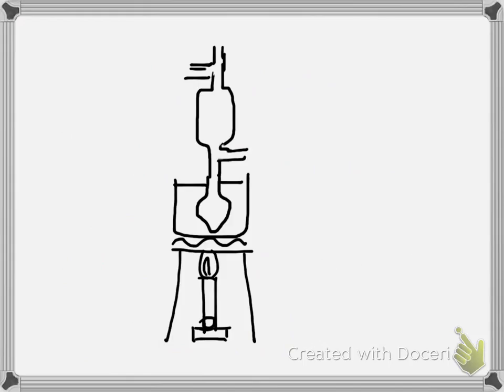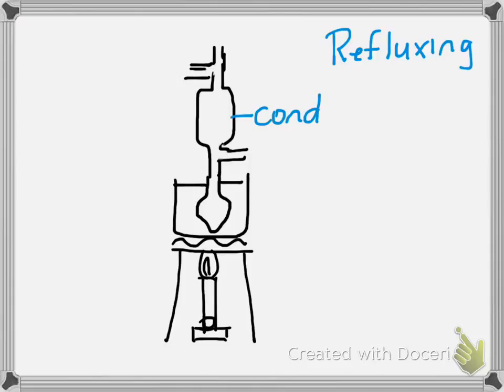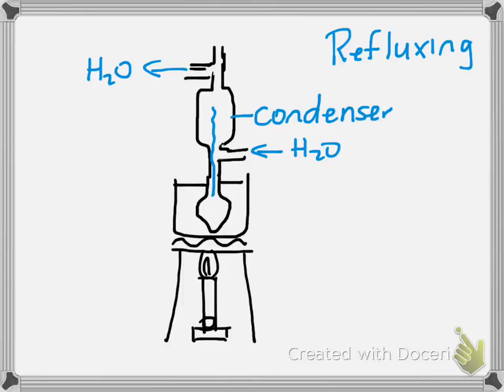Now for the experimental setup. The procedure is referred to as refluxing, and it involves having a condenser in an upright position with the water going in the bottom and out the top, providing a cooled surface on which the volatile ester, once it's formed, does not escape into the atmosphere but goes back down as a liquid into the reaction vessel.